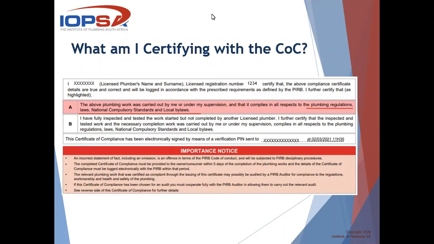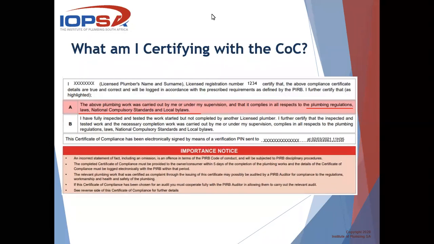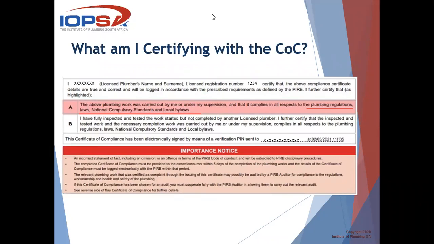So I think this industry is being improved by means of audits, and it helps everybody to understand what it's all about. It also gives the consumer the peace of mind that when these people walk away, my installation is good, it is safe. So that's how I experience it.